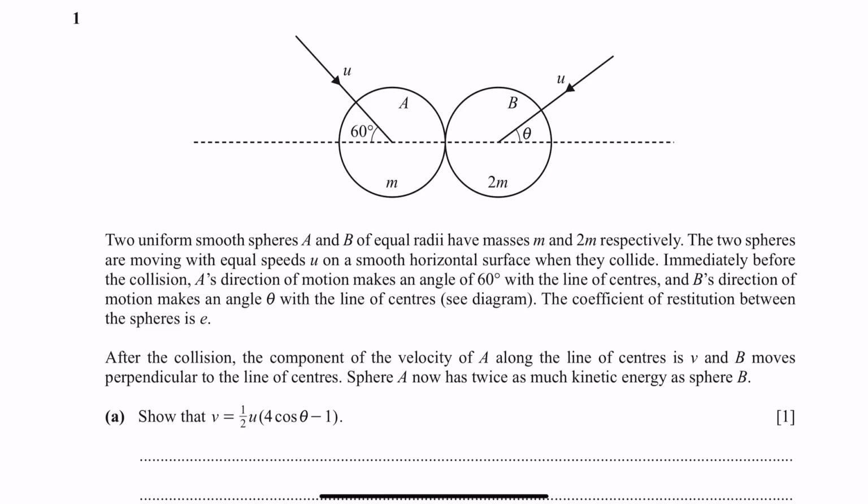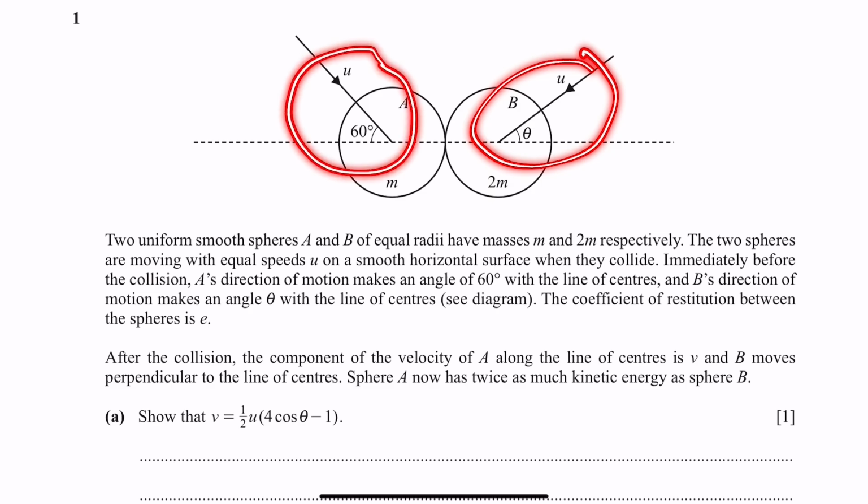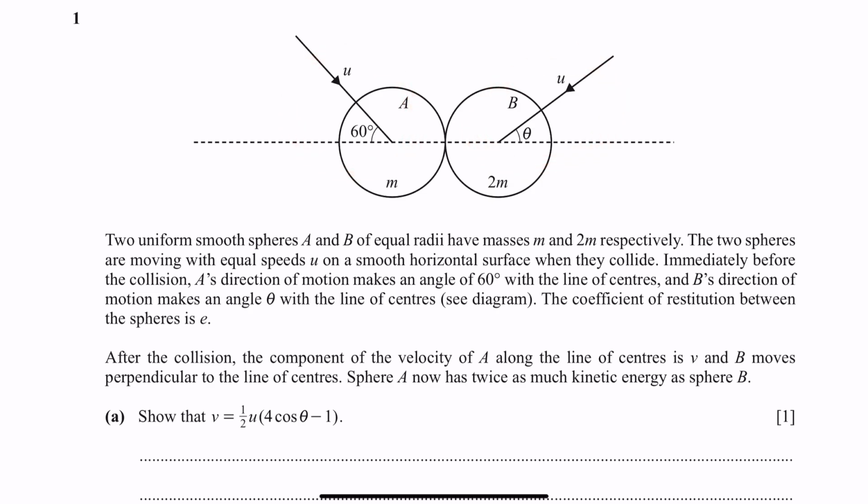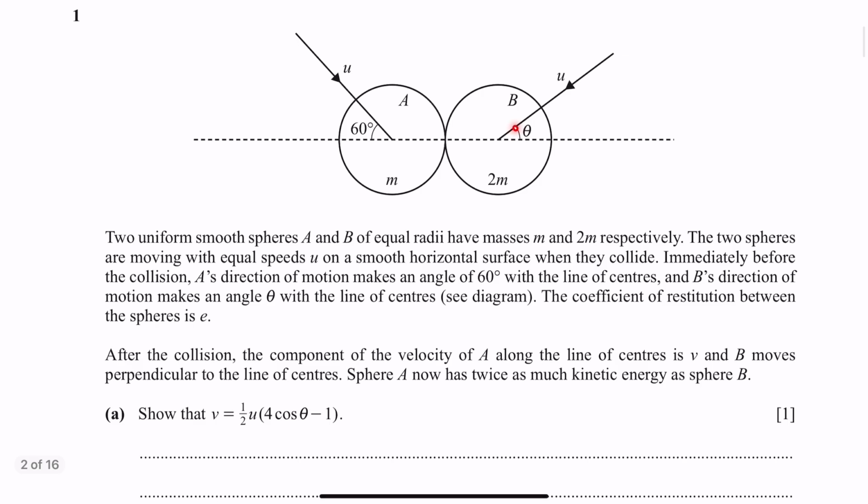So we can see that the horizontal component of the initial velocity is u cos theta for B and u cos 60 for A. And because theta is smaller than 60, we know that the horizontal component of B's initial velocity is larger than the horizontal component of A's initial velocity.